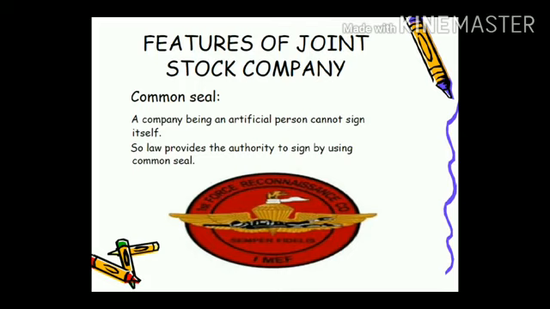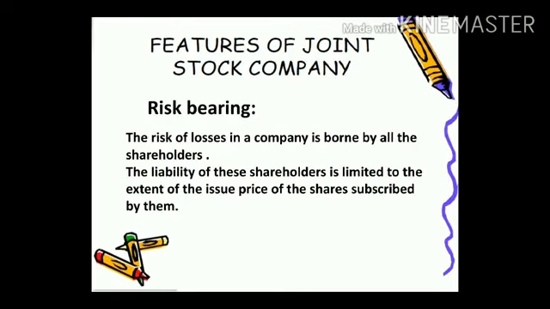And the last important feature is risk bearing. The risk of losses in a company is borne by all the shareholders. But the liability of these shareholders is limited to the extent of the issue price of the shares subscribed by them. So, these are the main features of a joint stock company.